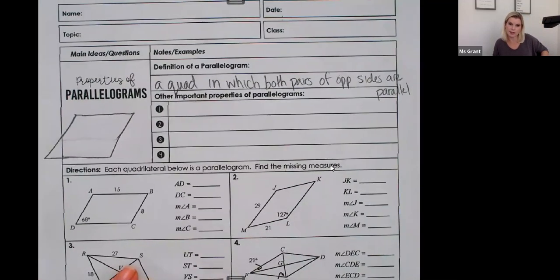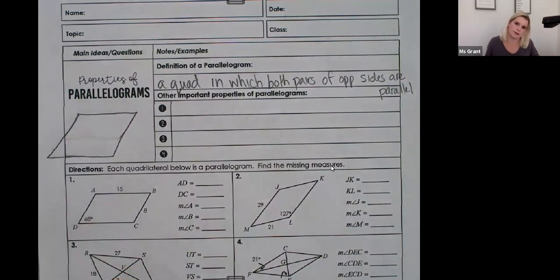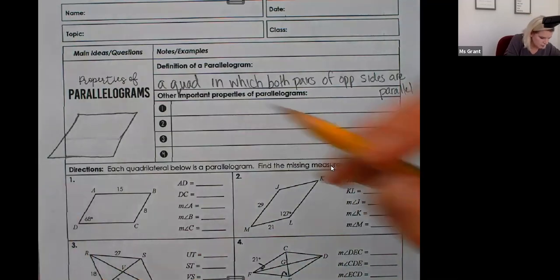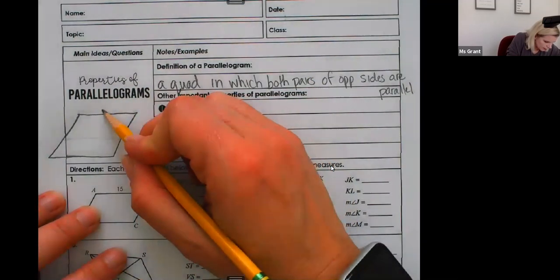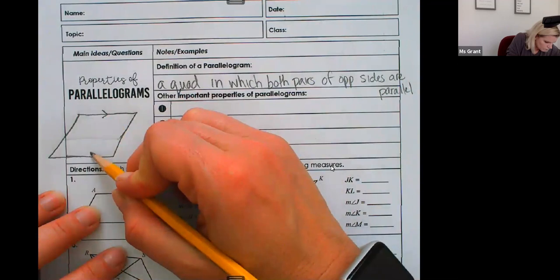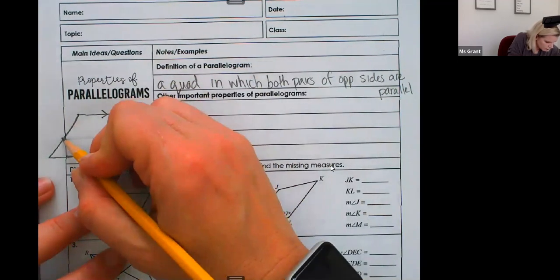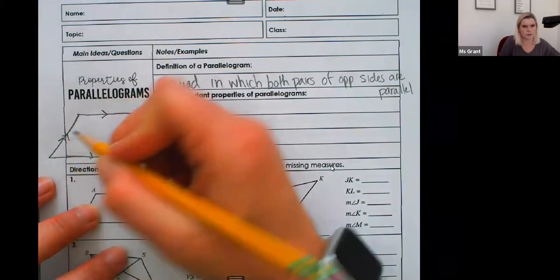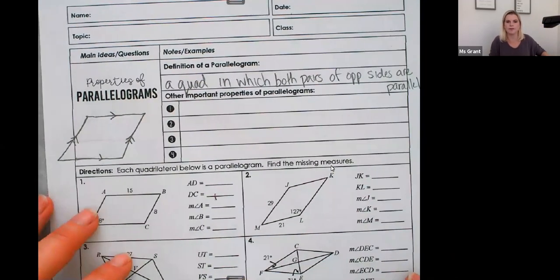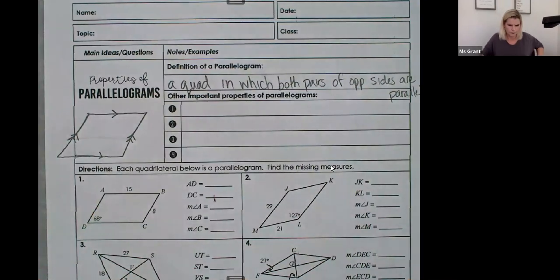The top and the bottom lines are parallel. The left and the right lines are parallel. Parallel is this symbol here, like a little arrow. And I'll do 2 arrows on this one. That means parallel lines, right? We've seen that before.